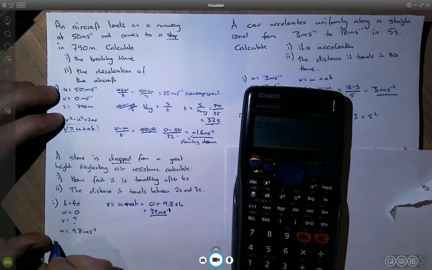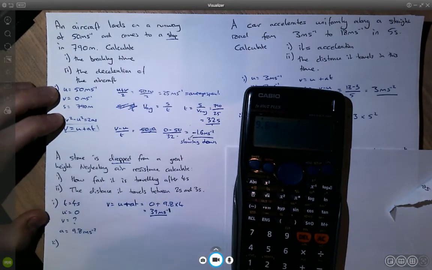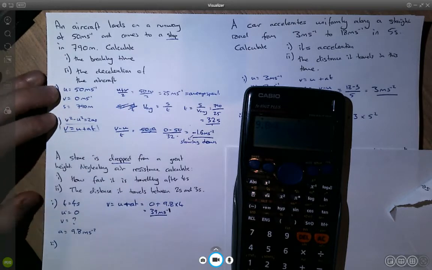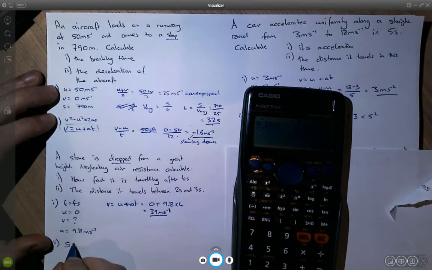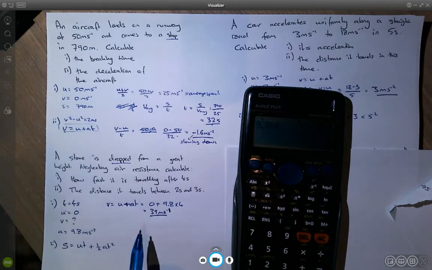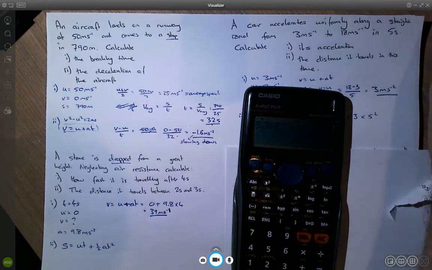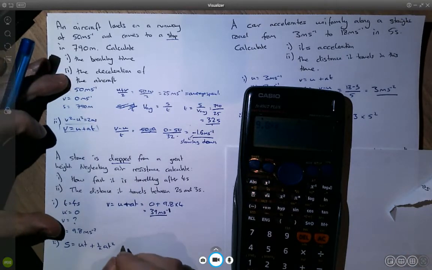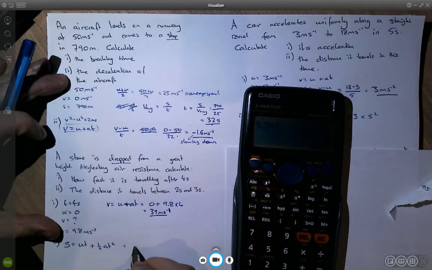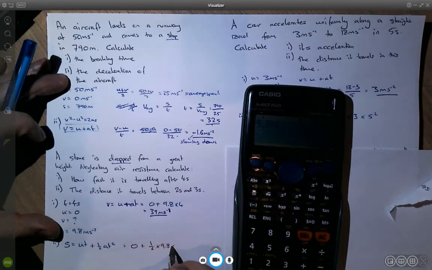Part II, the distance it travels between 2 seconds and 3 seconds. So the distance, I'm going to use displacement, is ut plus half at squared. And we want to know the distance it travels between 2 seconds and 3 seconds. So a lot of people will instinctively write this down. 0, because u is 0, plus half times 9.8 times by 3 minus 2 squared.